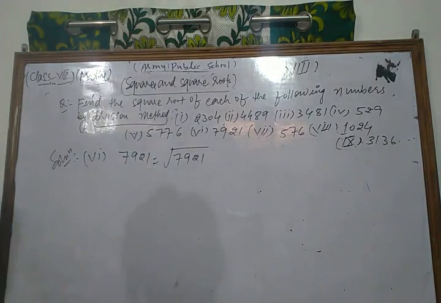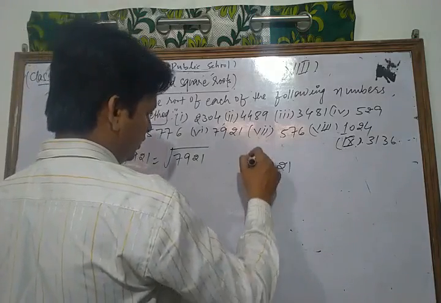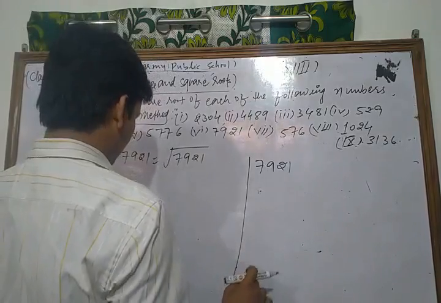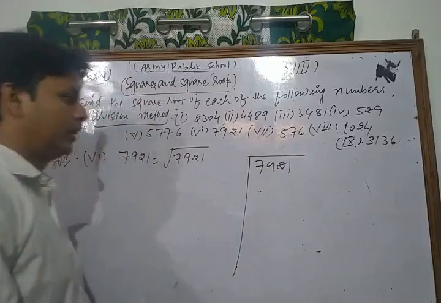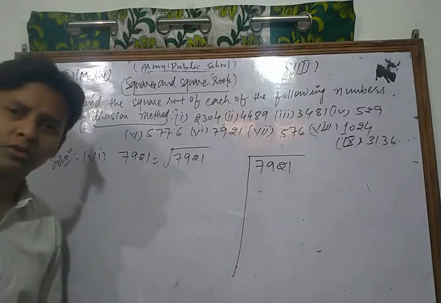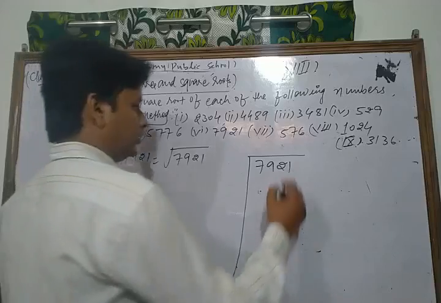Now let's see, first of all we write 7921. Now we form pairs from the right side of it.